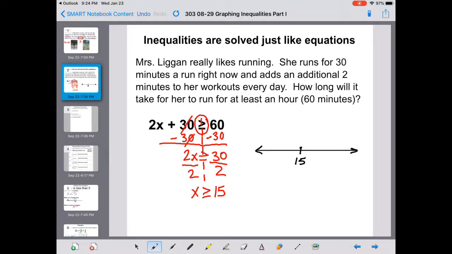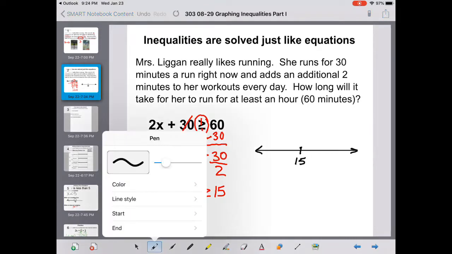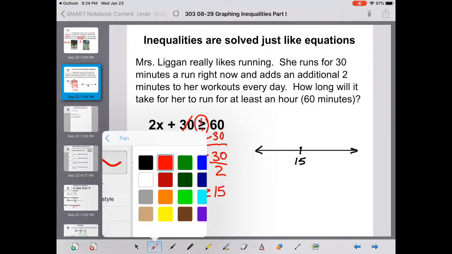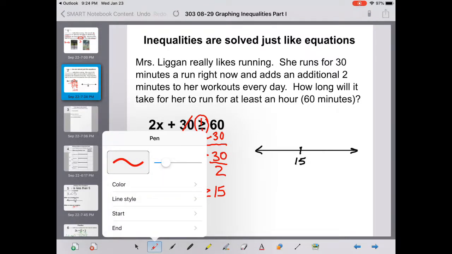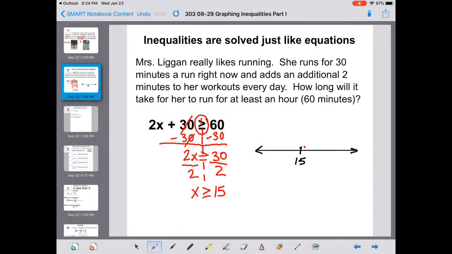Then we're going to draw a circle to indicate that 15 is the number that we got for our answer. And then we need to shade on a side of the circle to show that it's greater than 15. So greater than on a number line, the higher numbers go to the right. So we're going to shade on the right side of the 15.